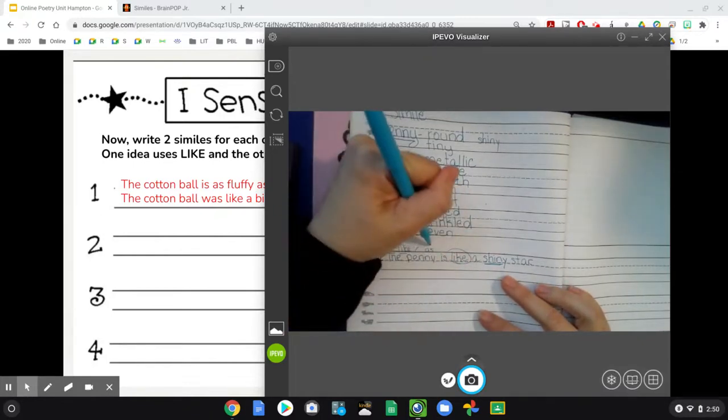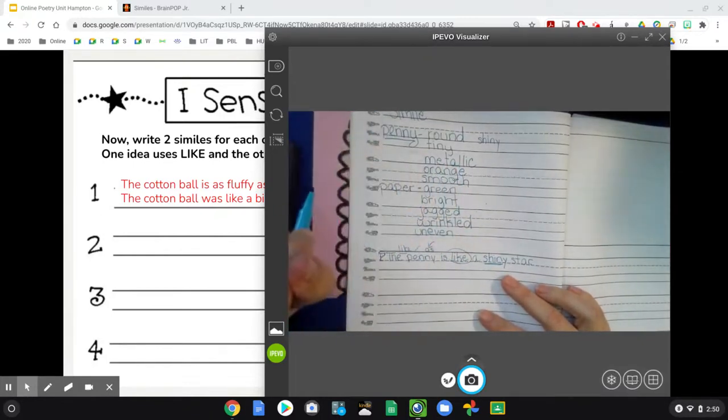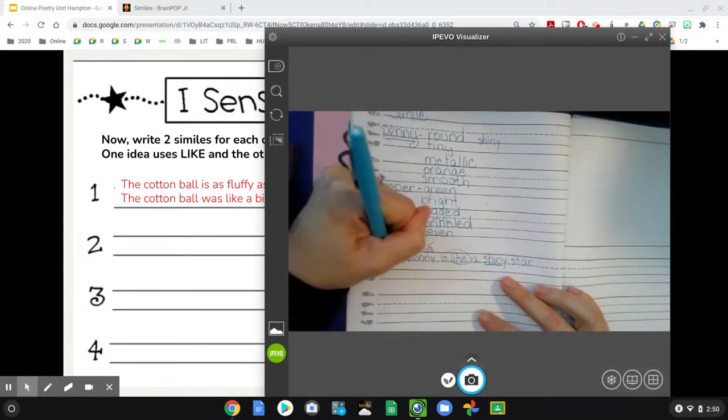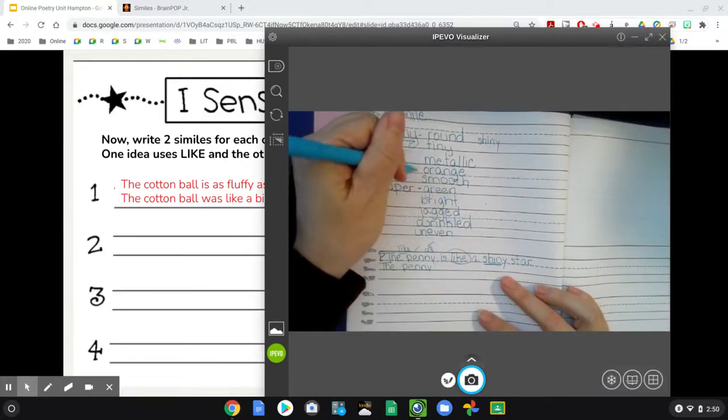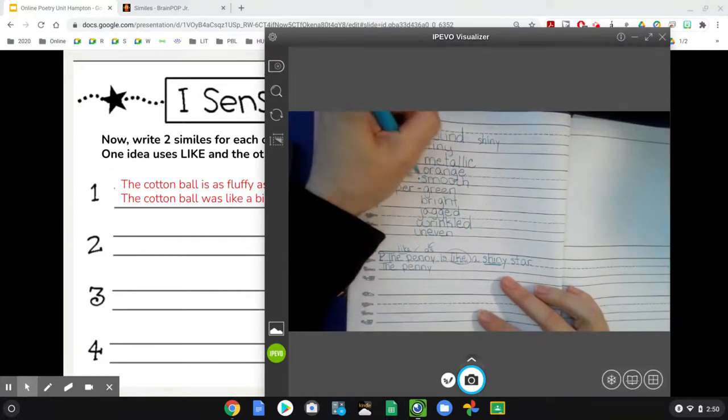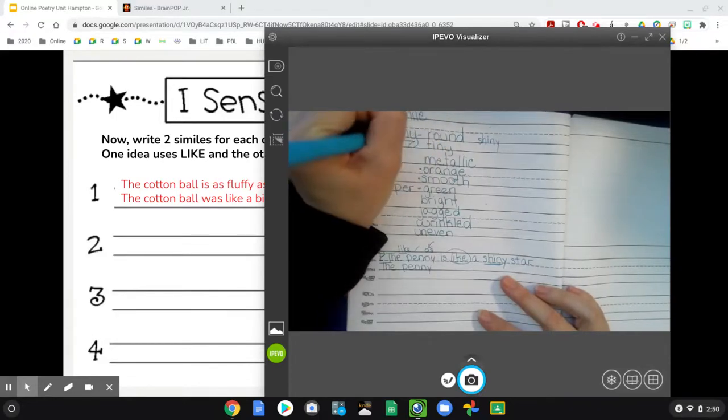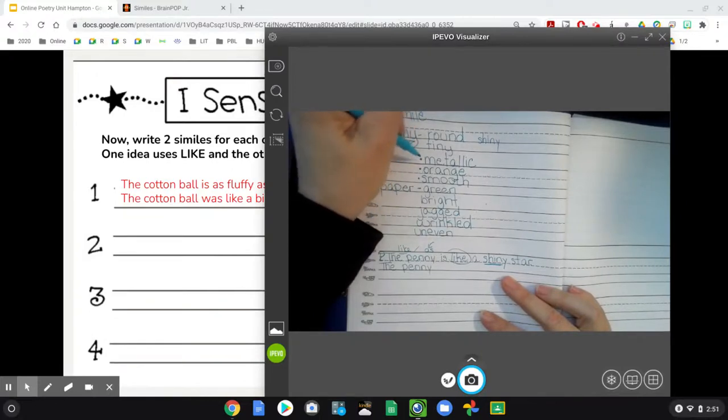Okay, now for my second simile, I'm using the word as. Okay, the penny, what would be a good one? Smooth is kind of fun. Orange would be a fun one. And I would think of things that are orange. Metallic.